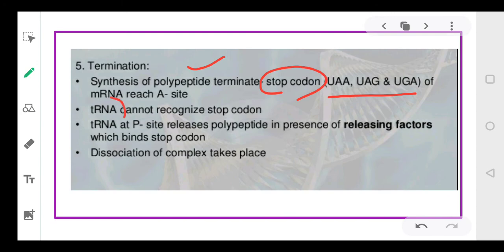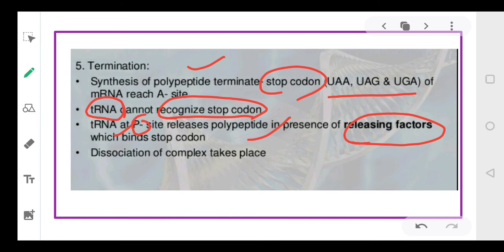Clear? Now the tRNA cannot identify the stop codon. Generally we have seen that the codon is read by the tRNA: the tRNA comes, joins with it, and starts the process. But the tRNA cannot identify the stop codons. So the tRNA present in the P site is released in the presence of certain releasing factors, and the next tRNA is not able to bind with the A site, and thus this process will ultimately stop.